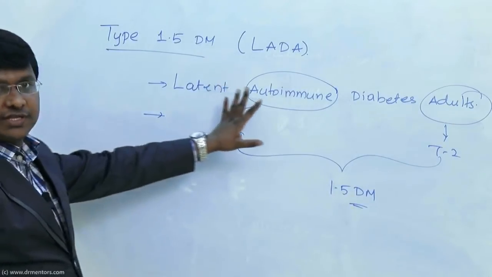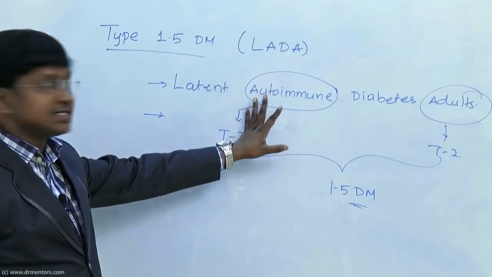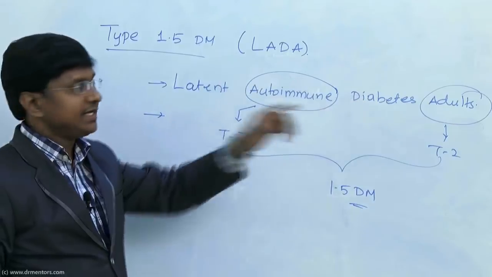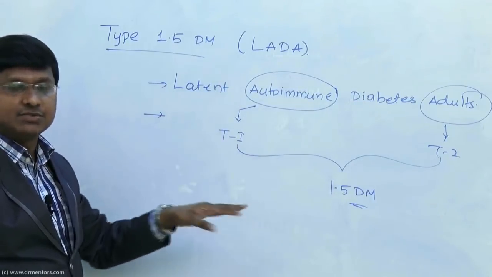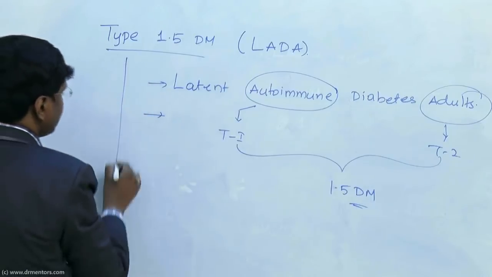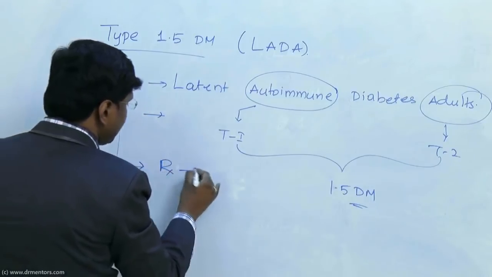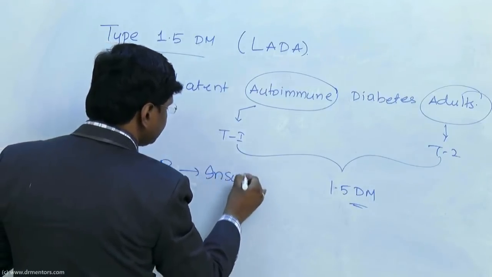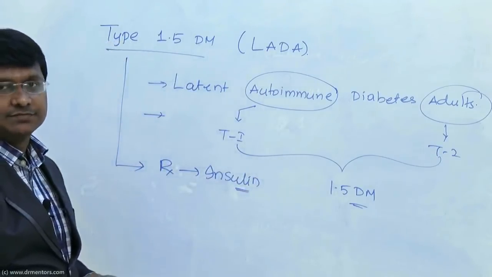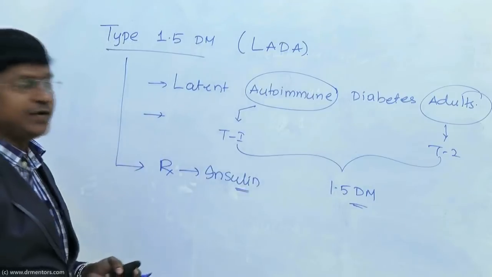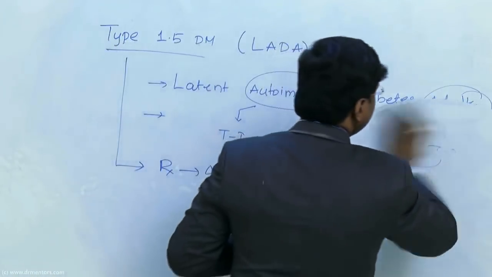Here also there is an autoimmune destruction of the beta cells, but it is in adults. Because of the autoimmune destruction of the beta cells, the insulin levels will be reduced. So in patients with type 1.5, the treatment we give is insulin. So that is your type 1.5 diabetes mellitus.